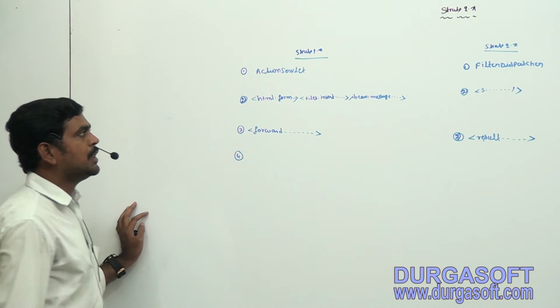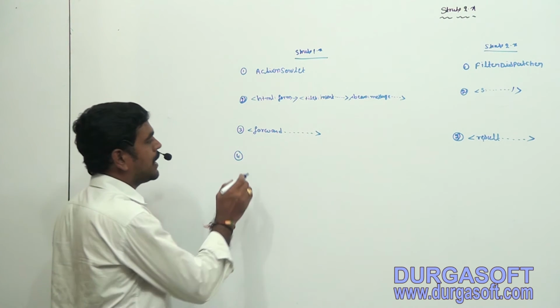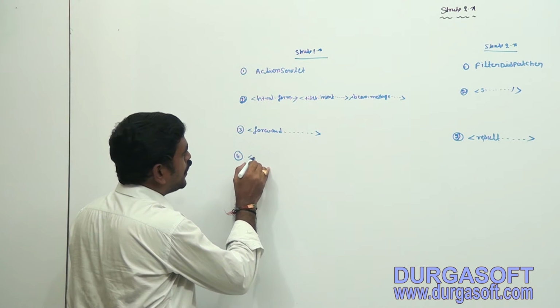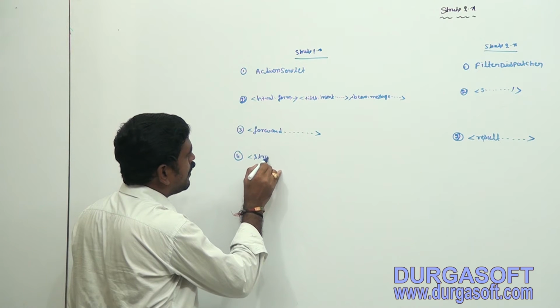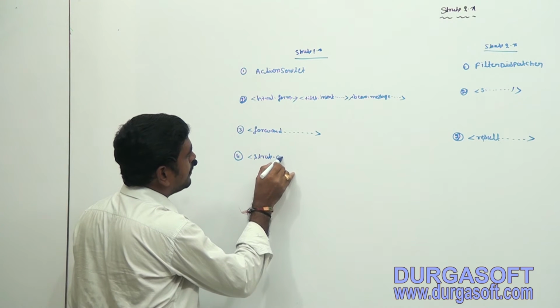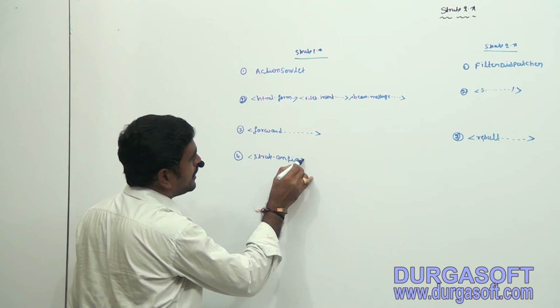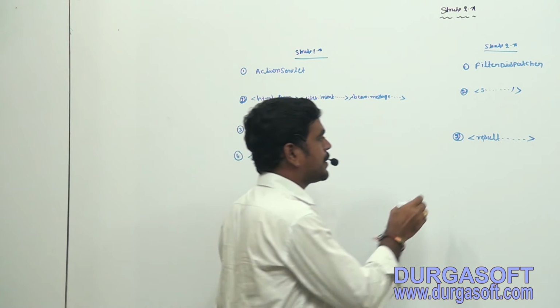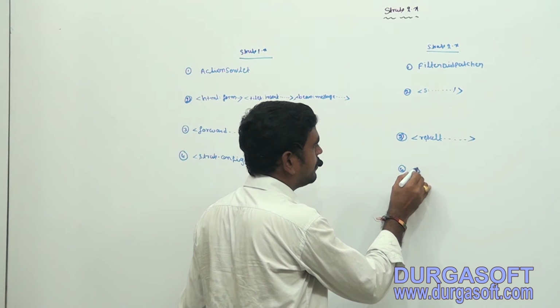Next, in the Struts configuration file in 1.x, the root element is struts-config, whereas in Struts 2.x the root element is struts.